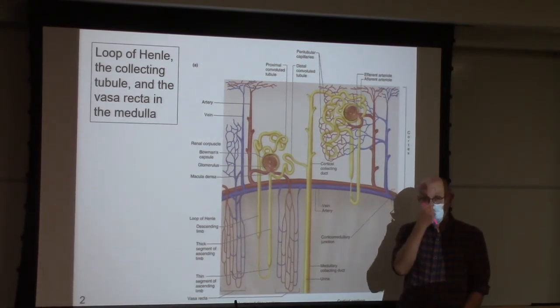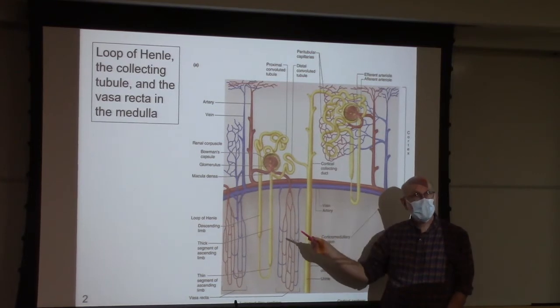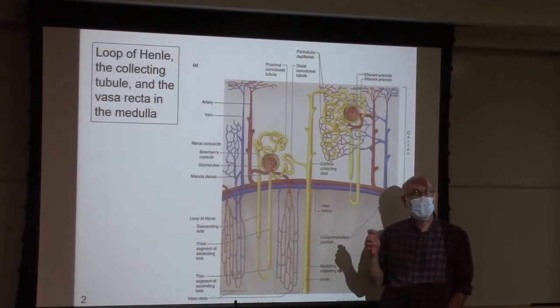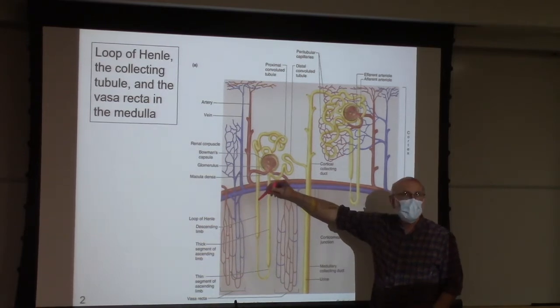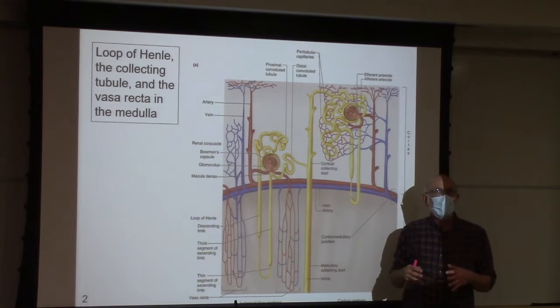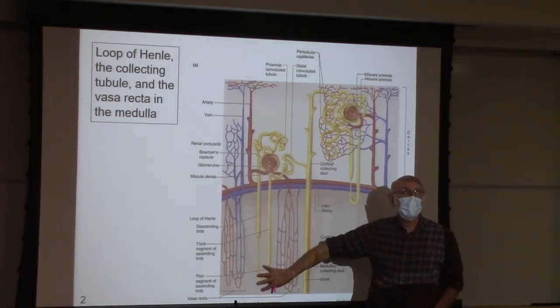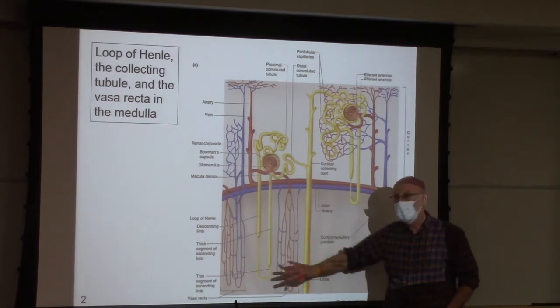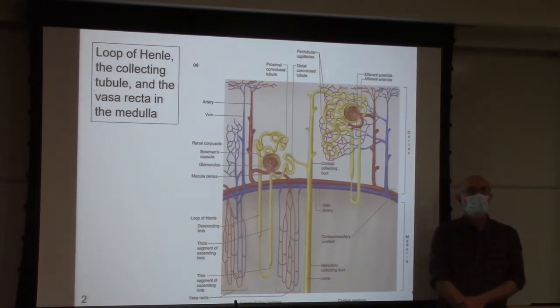So the combination of this loop and the pumps and the equilibrating across one limb of the loop and pumping on the other limb of the loop, that's what creates the high concentration here that we need to use here in order to make a concentrated urine when we are dehydrated.